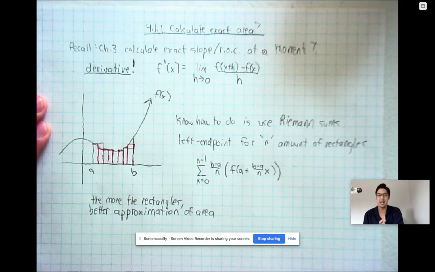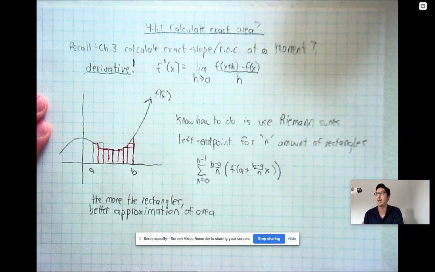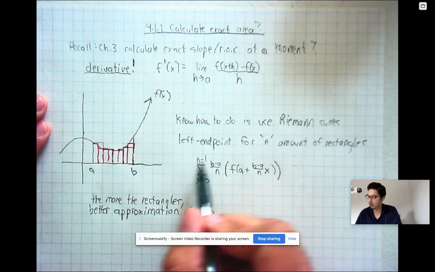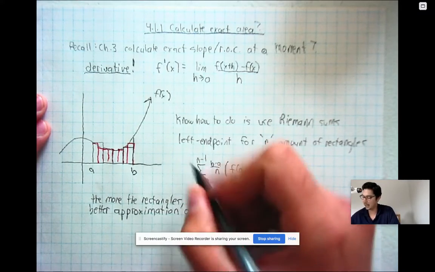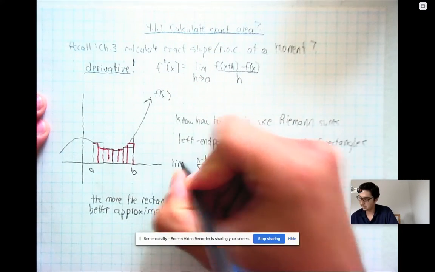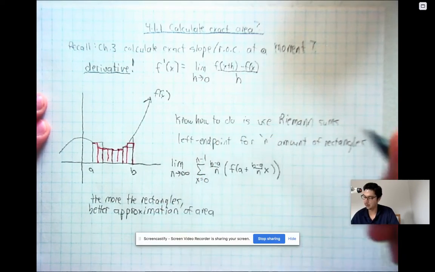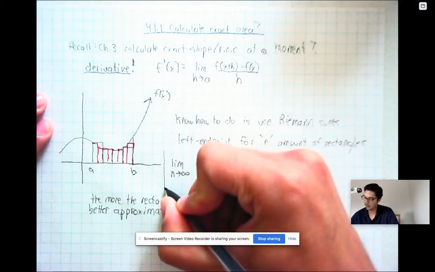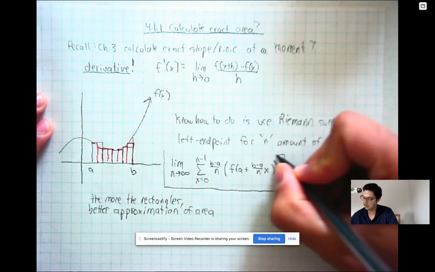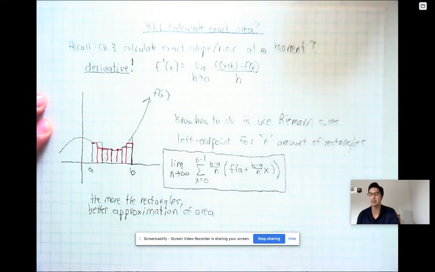Well, it'd be nice if we could have an infinite amount of rectangles, but there's no such number as infinite. But how can we approach infinity? Well, we can use this area still and just add on the limit as n approaches infinity. And that right there is the exact area under a curve.